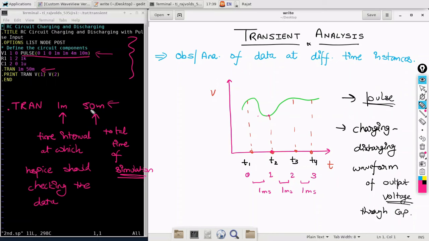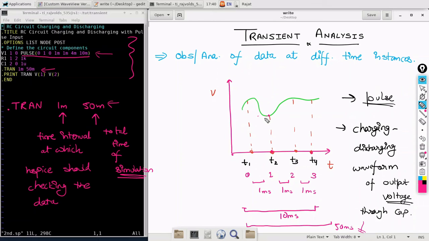It will run the simulation, or check the points at every millisecond up to 50 milliseconds. So let's suppose that this whole time interval from 0 to T4 is 10 milliseconds. When this whole time reaches the value of 50 millisecond, it will terminate the simulation or the analysis that it is doing.